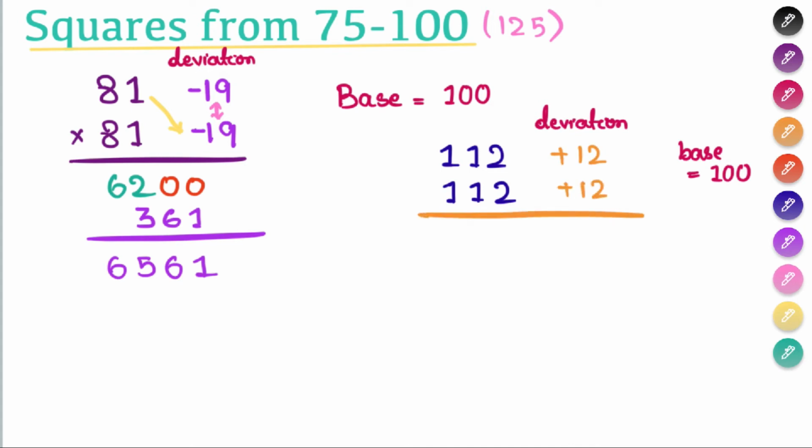So we perform any one of the operations, and 112 plus 12 will give us 124, and we have to multiply it with the base, that is 100. So we simply add two zeros. After that we multiply both the deviations. 12 square will give us 144, so we will add 144.